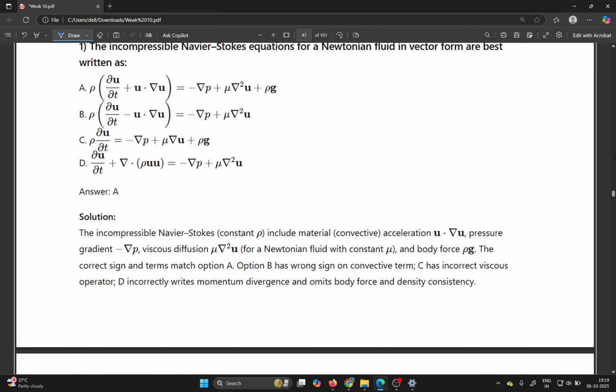Some comments: the incompressible Navier-Stokes, that is constant rho, includes the material or convective acceleration, pressure gradient and viscous diffusion. Viscous diffusion is the viscous part, and the body forces. So remember please.